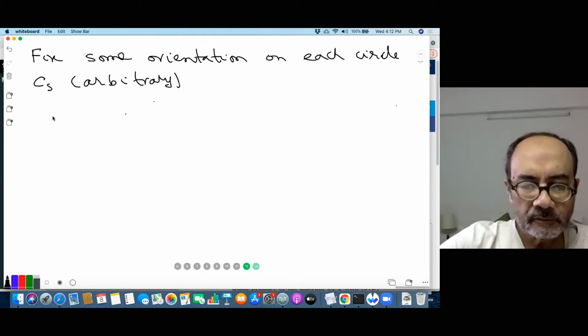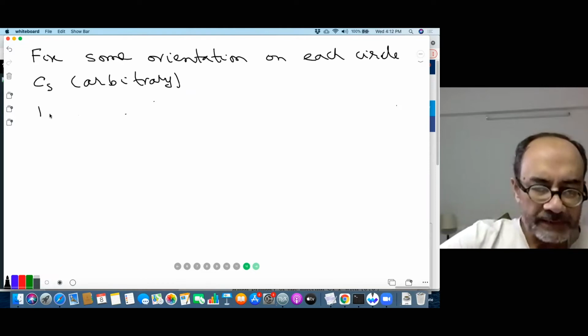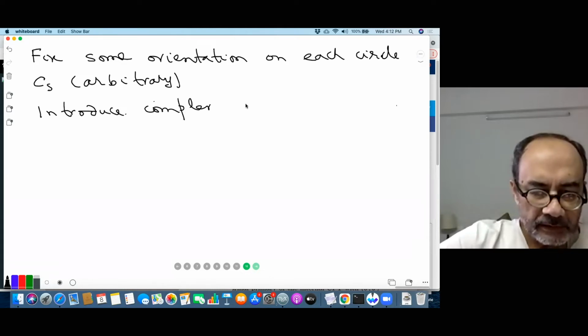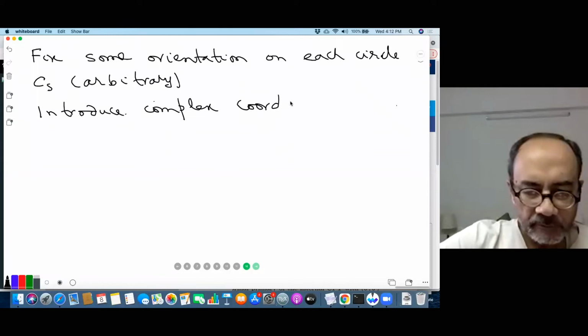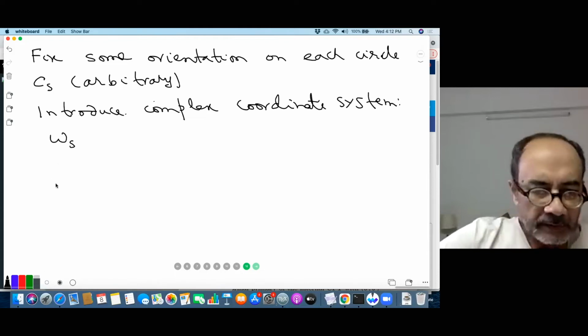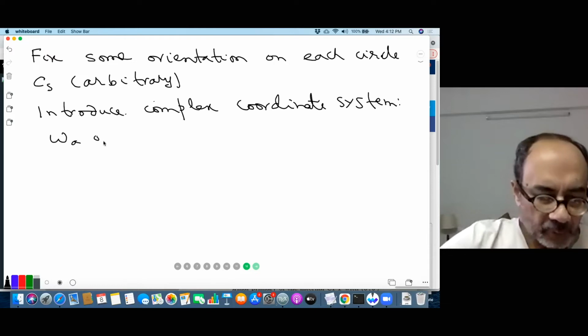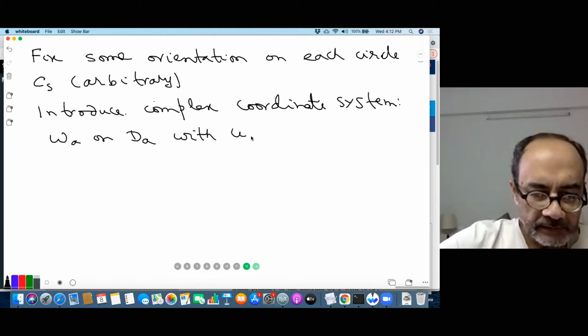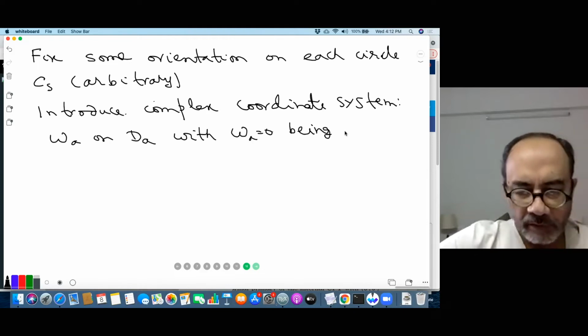So we introduce a complex coordinate system. WA on the disk, with WA equal to 0 being the puncture.